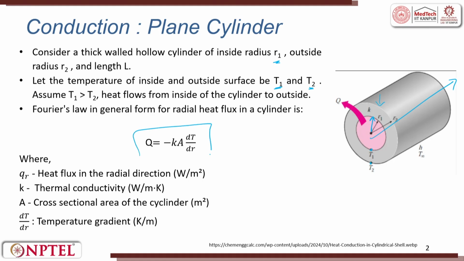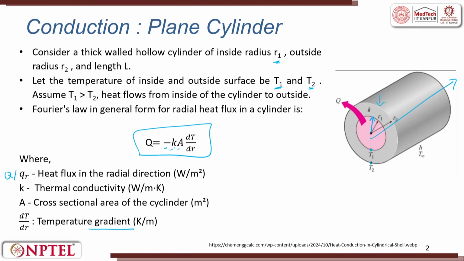According to Fourier's law, which we saw, we have minus KA dT by dr, where T is the temperature and r is the radius. So dT by dr is the thermal gradient, which has a unit of K per m. Q, whatever we are doing, is the heat flux in the radial direction, which is watts per meter square.